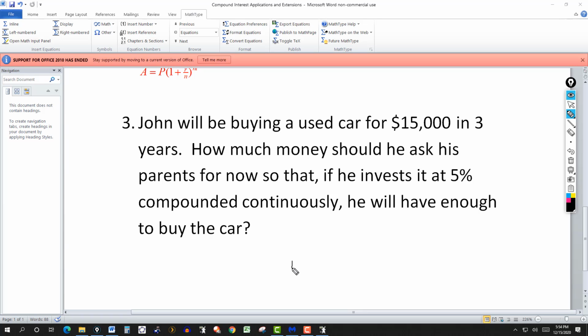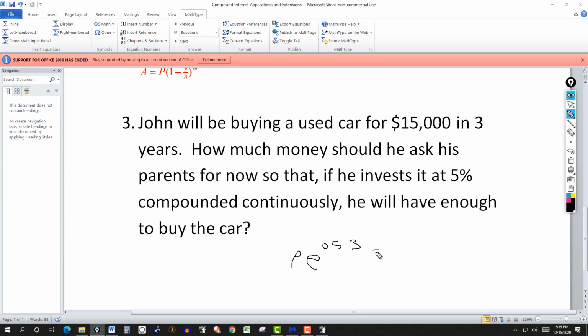We're looking for the present value, so this will be P, times e to the exponent, and this is 5% compounded continuously, so R is equal to 0.05, and it's for 3 years. So this is 0.05 times 3, or 0.15 is the exponent.